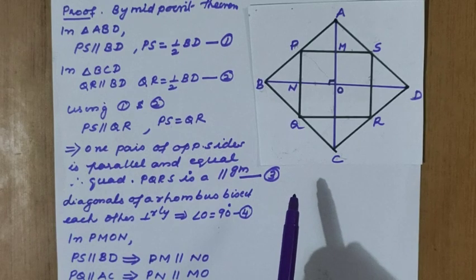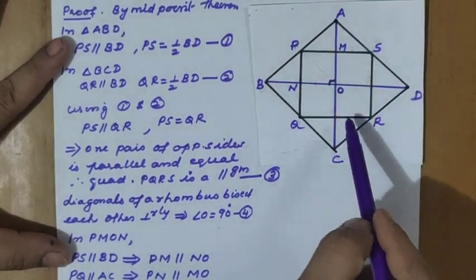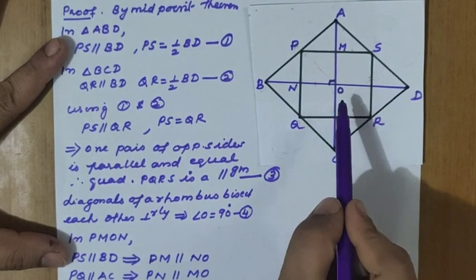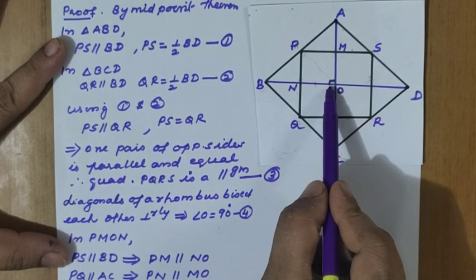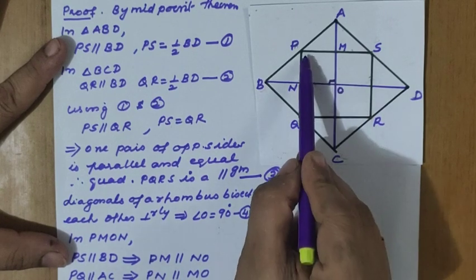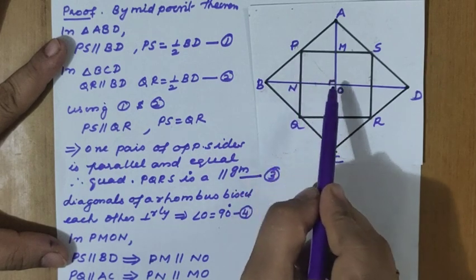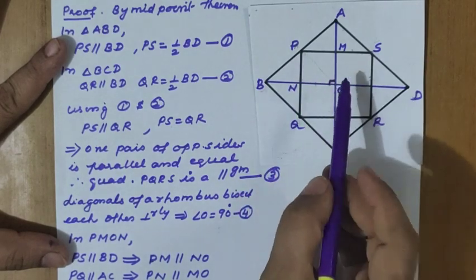Now what is the next step? One angle 90 degree we have to prove. So for that, diagonals of a rhombus bisect each other perpendicularly, that means angle O equal to 90 degree. Now we have to prove that this part is a parallelogram and opposite angles are equal.